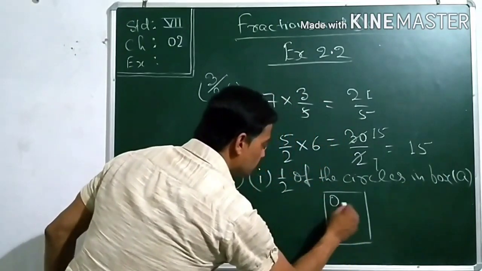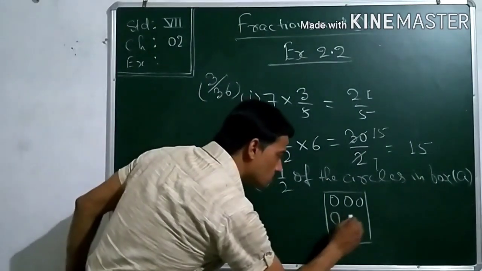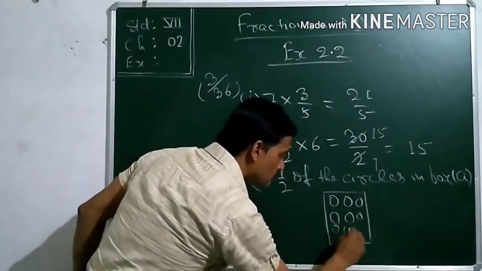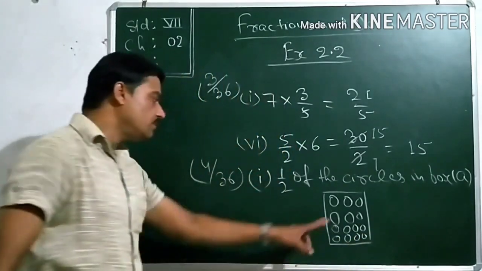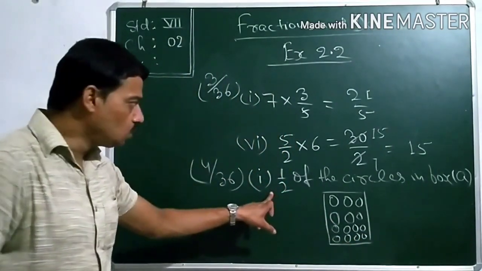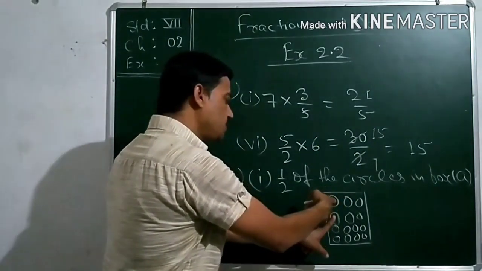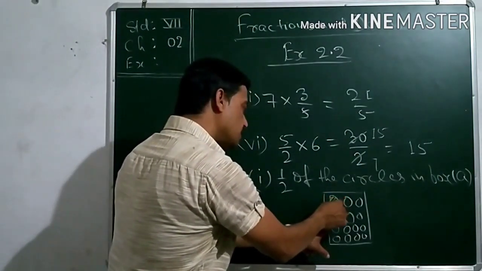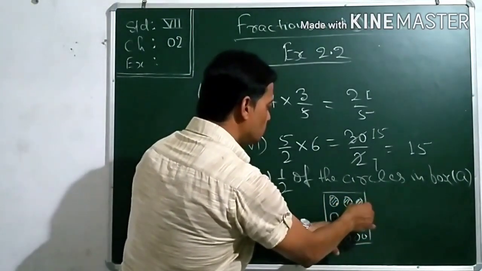There are 3 circles in each row and 4 rows are there. If 1 out of 2, see, out of 2, 1 is to be shaded, we can say this, out of 2, 1, out of 2, 1.